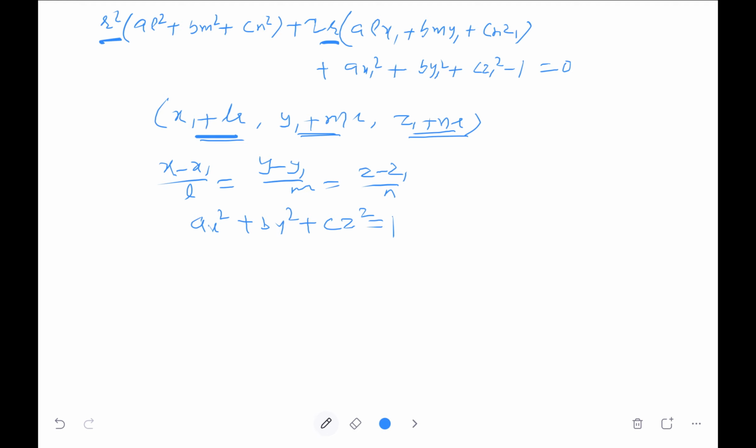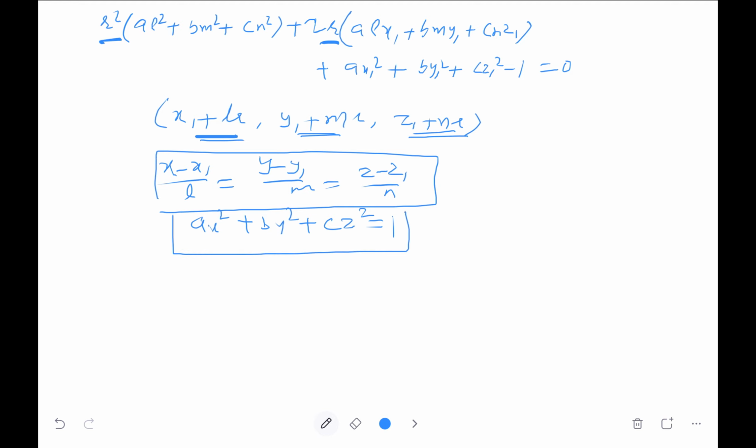We want to find the condition that the line becomes tangent to the given conicoid. Condition means the relation between the given constants. The constants are x1, y1, z1, l, m, n and a, b, c.